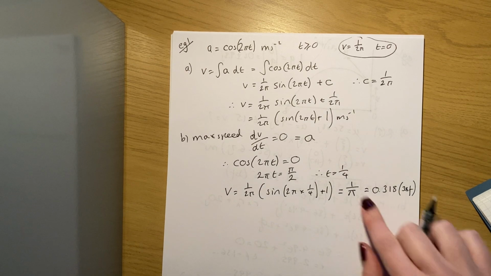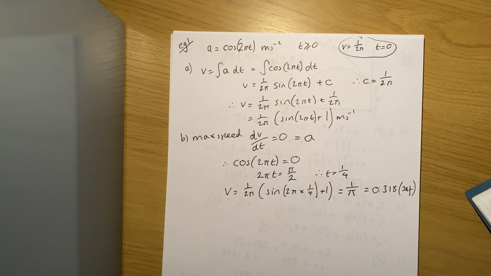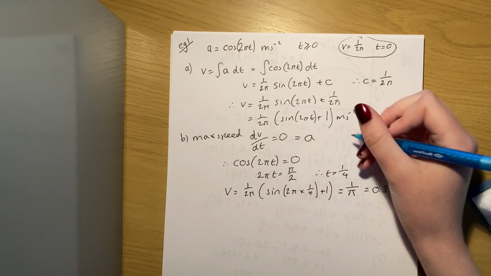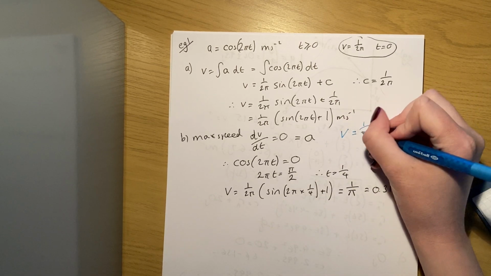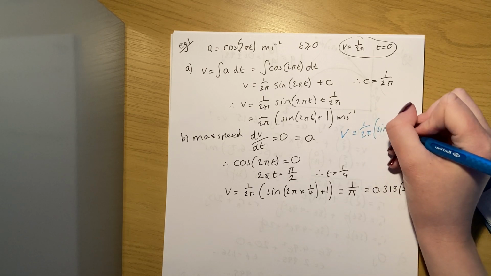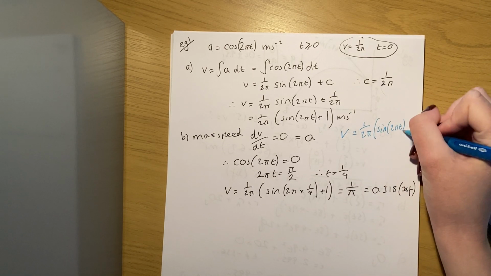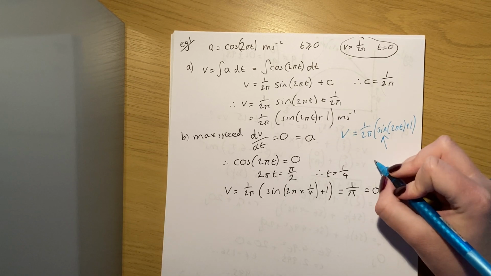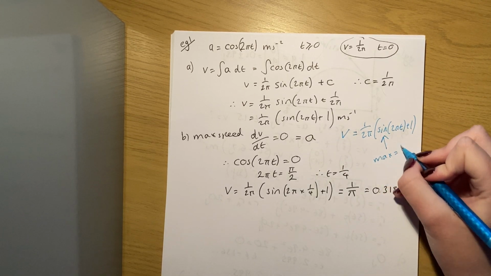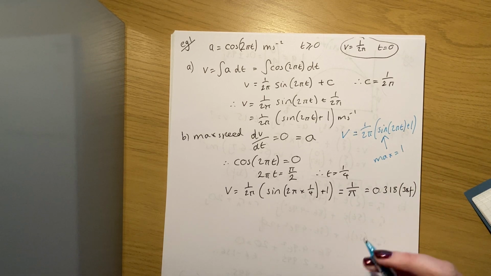So this is the way I did it, because this to me was automatic. However, what you can do is know that if velocity is at maximum, so velocity is 1 over 2 pi sine of 2 pi t plus 1, well, the maximum that sine can be is 1.